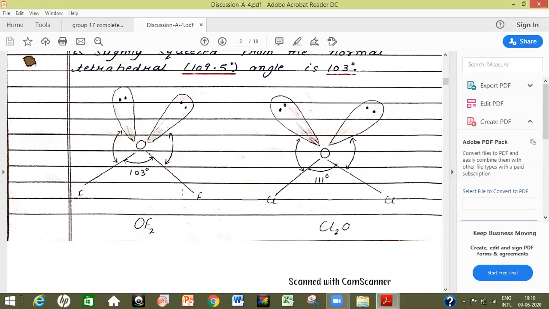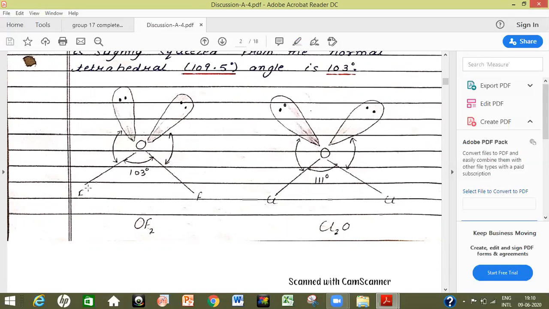Here, oxygen is less electronegative in comparison to fluorine, while in the other two cases, oxygen is more electronegative in comparison to chlorine and bromine. So based upon this, the shared pair of electrons present between the OF bonds will be shifted towards the fluorine.